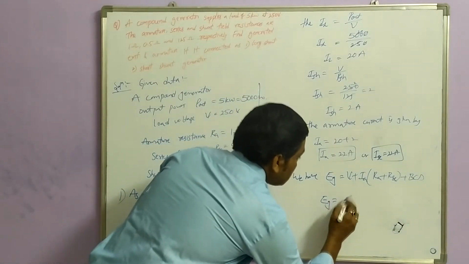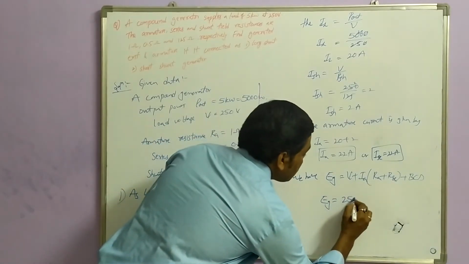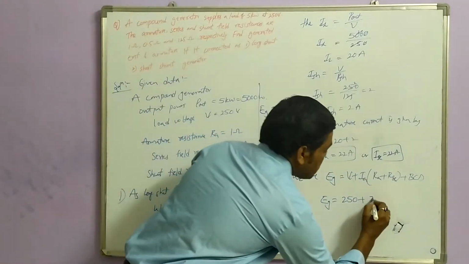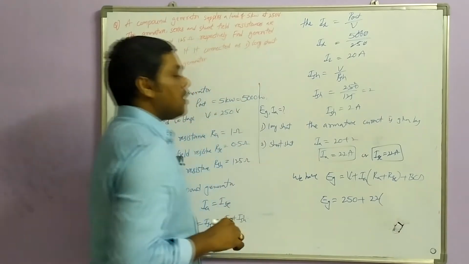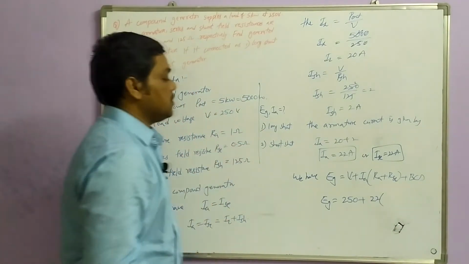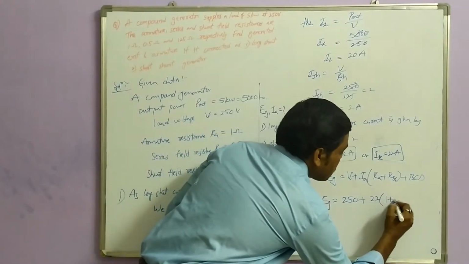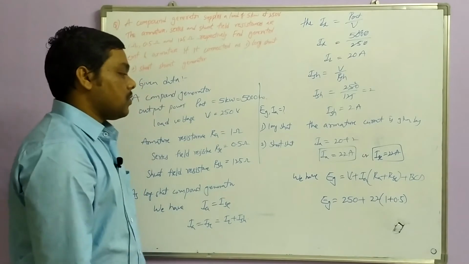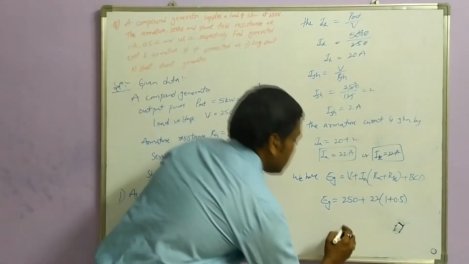Now EG is equal to V, 250, plus IA, the armature current, 22 amperes, into RA which is 1 ohm plus RSC which is 0.5, so 1 plus 0.5 we get 1.5.